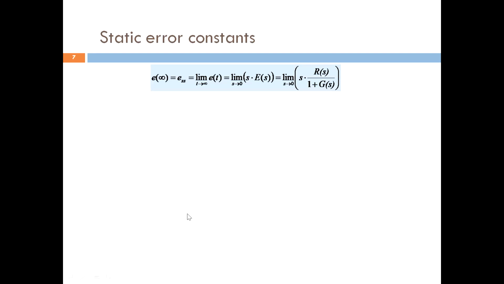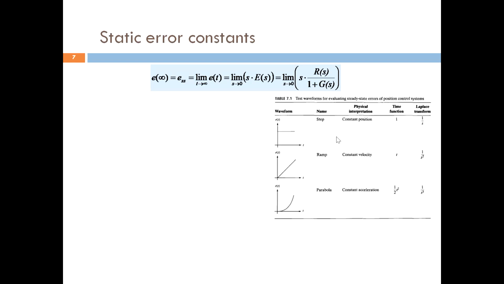Okay. So in the next couple of slides, we are going to focus on the formulation of the steady state error expression when we look at various inputs. So remember the inputs that we said we would consider.